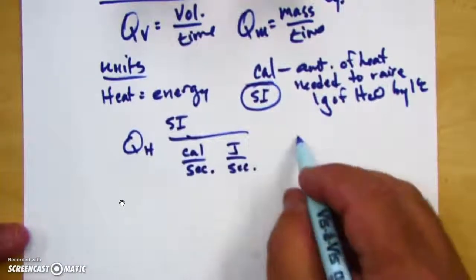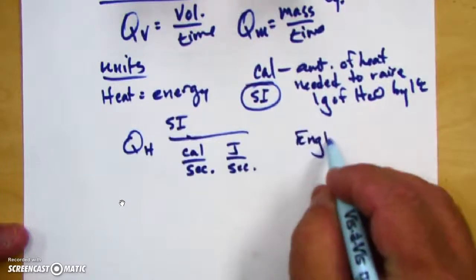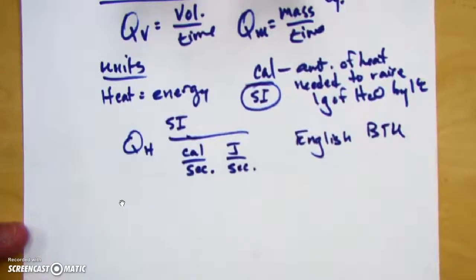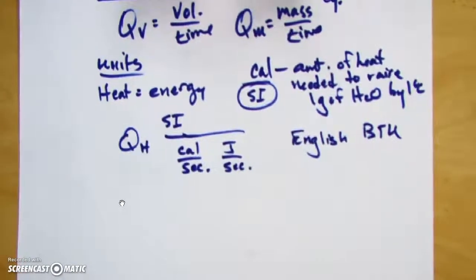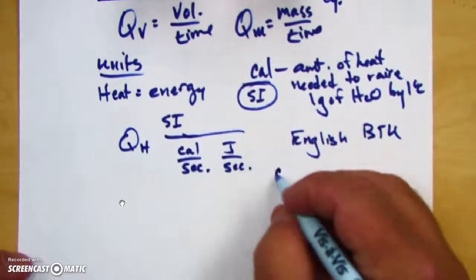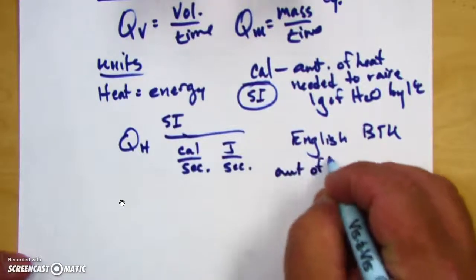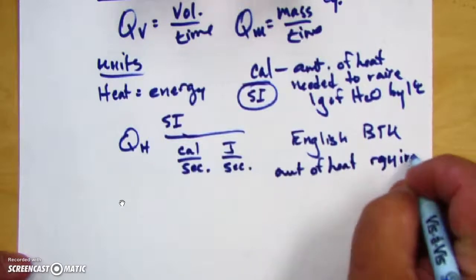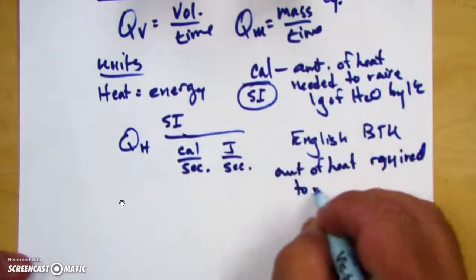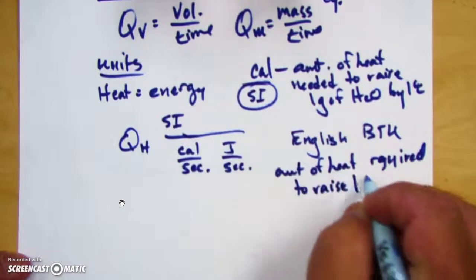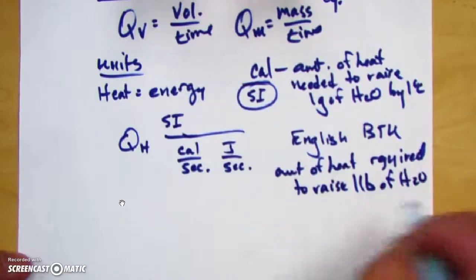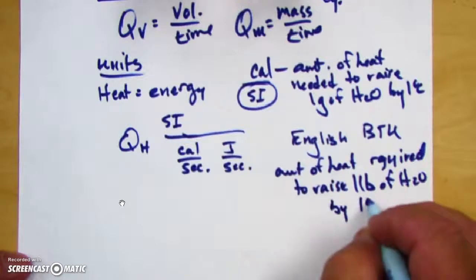Now, the English system brings up a unit that you may have seen before, and that's the BTU. BTU is the British thermal unit. The British thermal unit is the amount of heat required to raise 1 pound of water by 1 Fahrenheit degree.